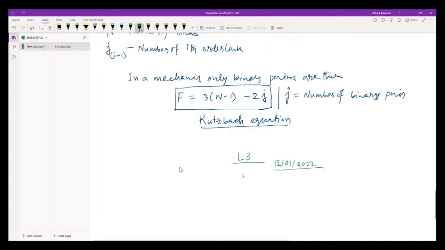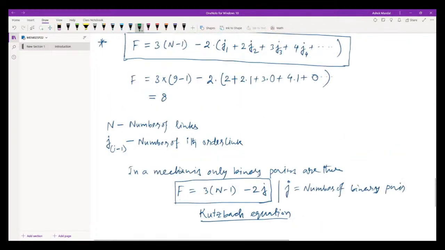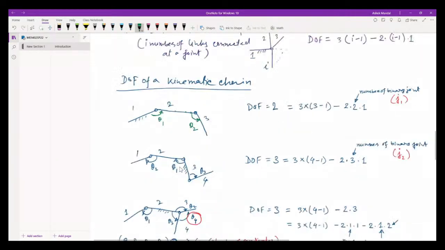In our last class, we discussed the Kutzbach equation. Let me switch on the recording.